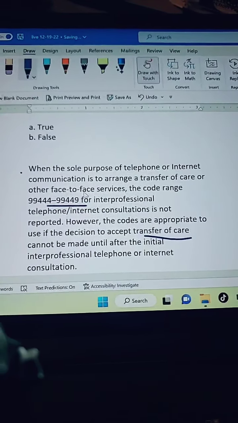When the sole purpose of a telephone or internet communication is to arrange a transfer of face-to-face services, an internet consultation is not reported.